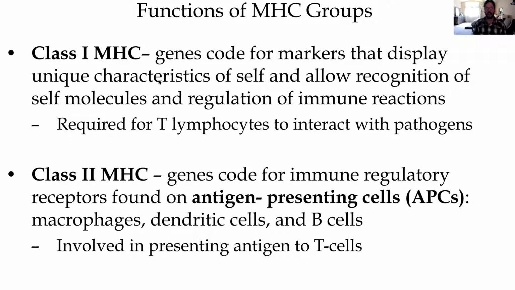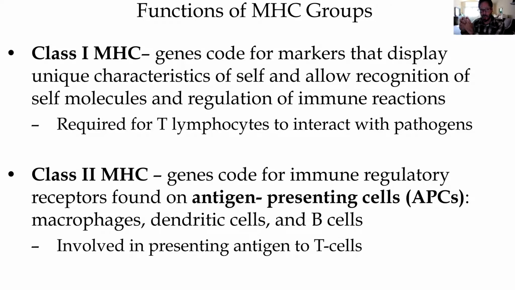As I said, the MHC is standing for major histocompatibility complex. And so these are receptors that are displayed on the outside of the cell. And depending on if they're class 1 or class 2: the class 1 are used for your own cells to tell the immune cells, hey, I'm a good guy.